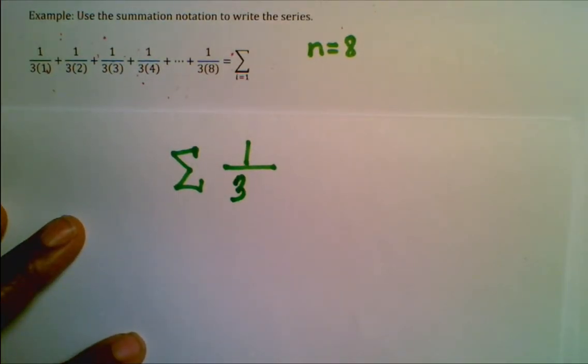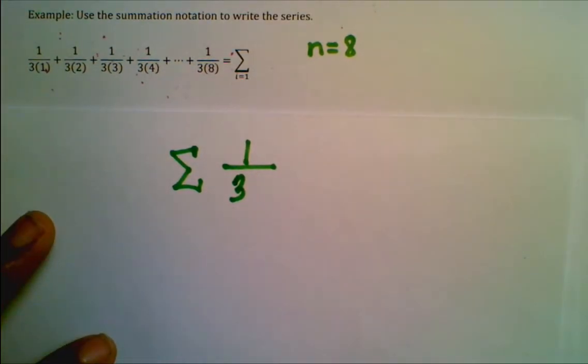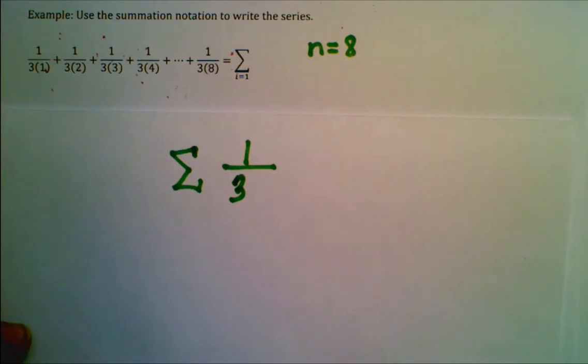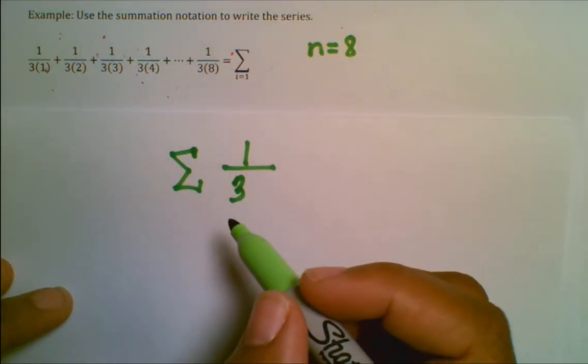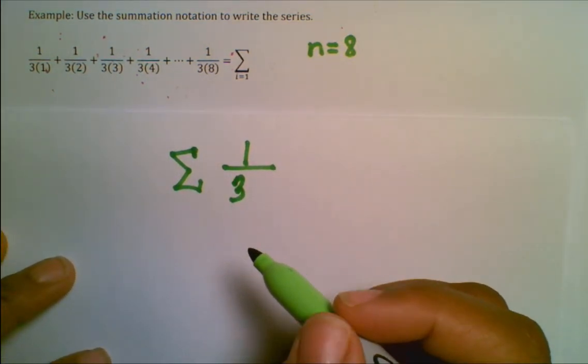And since the factor of 3 is in every term, it will be in the general term a sub I. Now determine how to use I in the denominator.